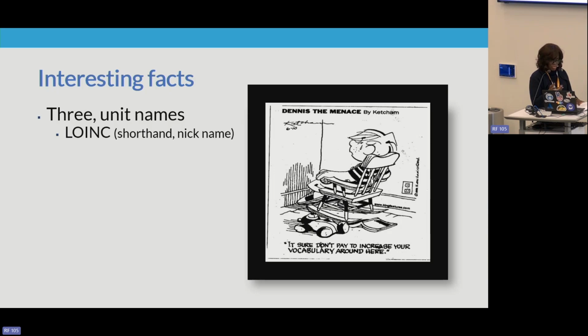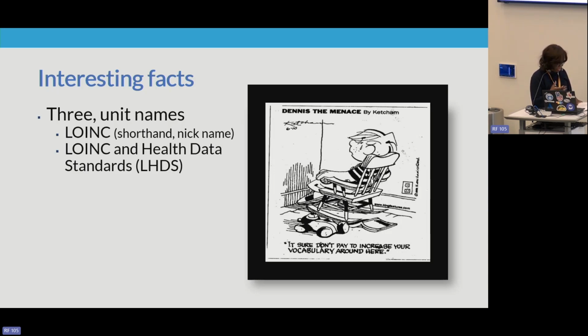As I mentioned before, it's limited in reflecting who we are and what we do. At some point, we began using LOINC and Health Data Standards, or LHDS, to reflect the broader scope of our work and role. And now, our preferred name, in informatics language, is Health Data Standards. Is that right, April? Yes.